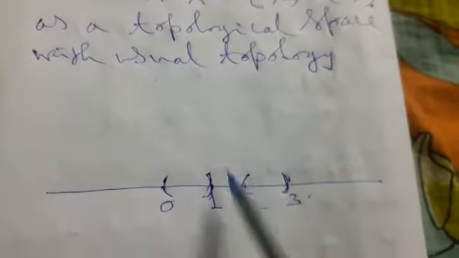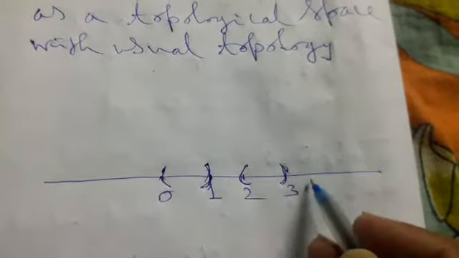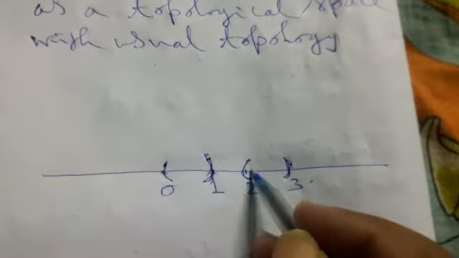That is, we are taking the union of these two regions, excluding 1 and 2.